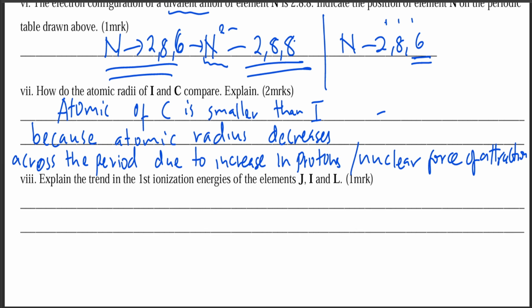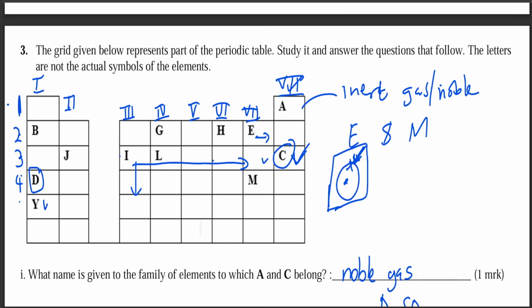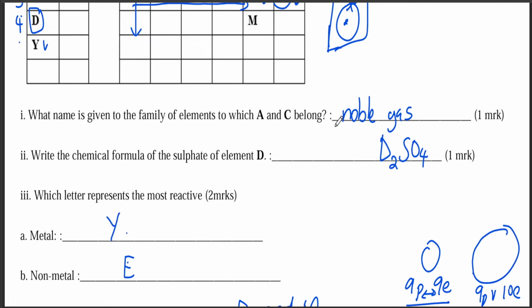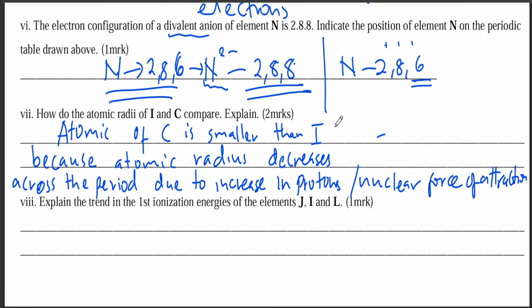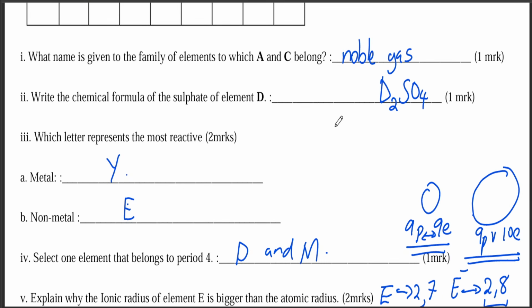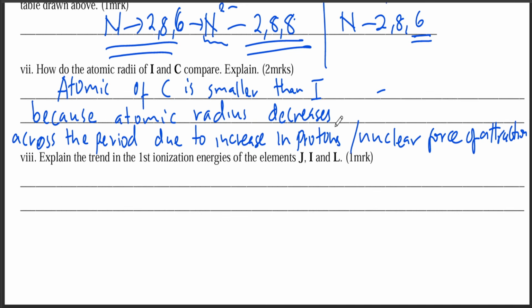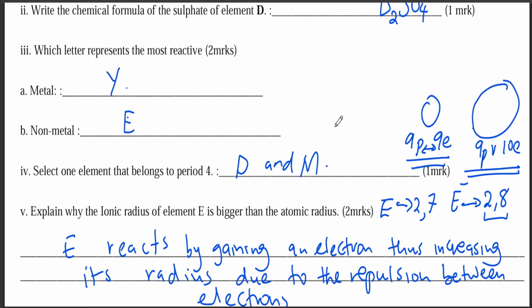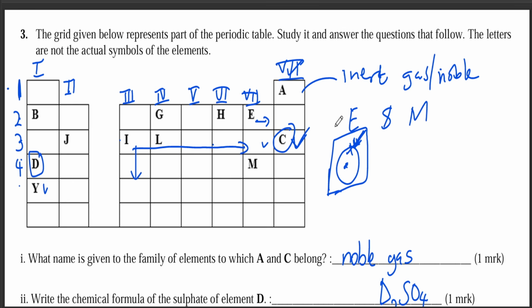Okay, question 8. Explain the trend in the first ionization energies of the elements J, I and L. J and L. Explain the trend in the first ionization energies of the elements J and L. So J is this one.